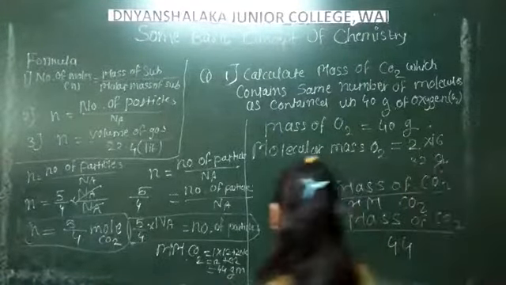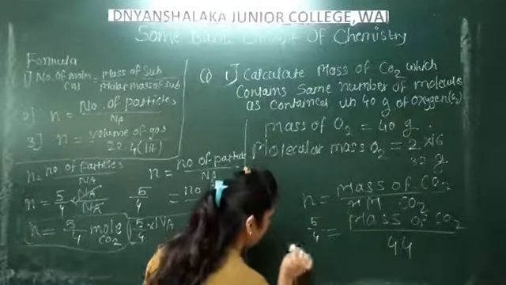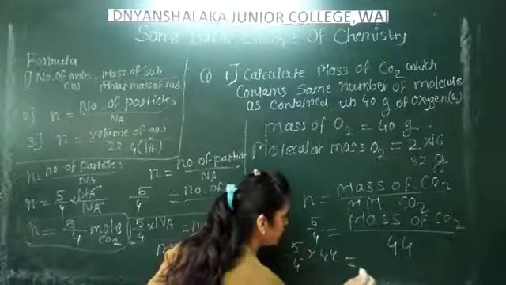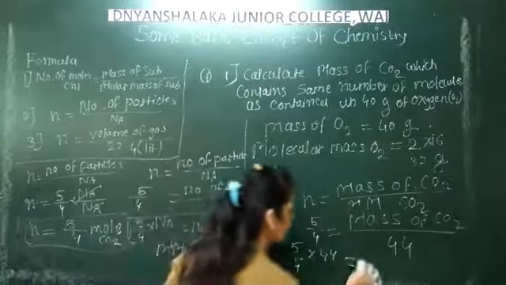On rearranging the equation, 5 divided by 4 into 44, we get the mass of CO2.